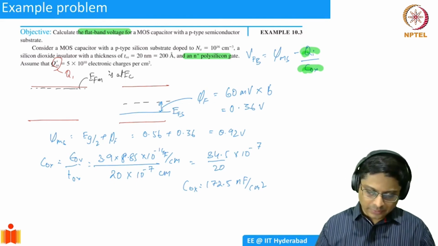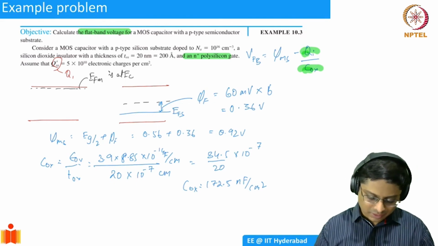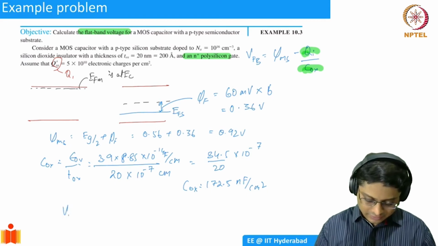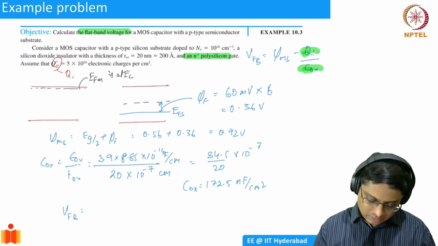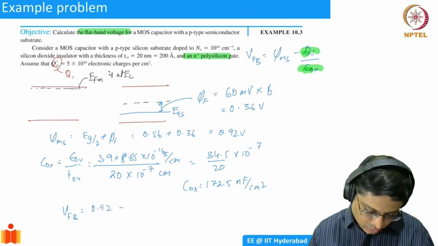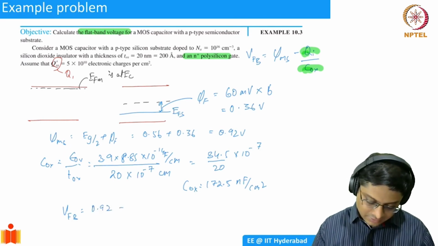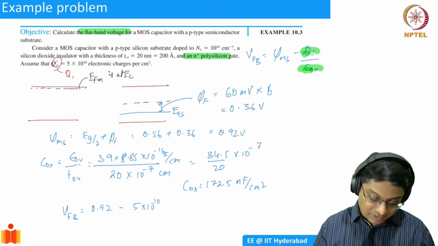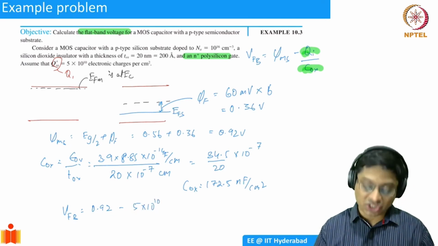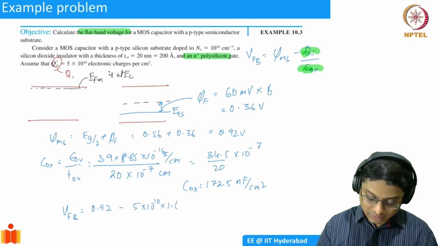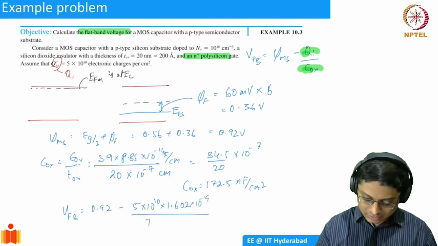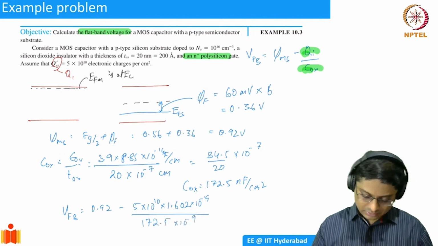Now with this information, you can easily compute VFB. VFB equals phi ms, which was 0.92, minus QI, which was 5 into 10 power 10. Remember, this is the charge density per centimeter square. We need a charge, so this is one important thing you need to remember: multiply by 1.6 into 10 power minus 19, divided by 172.5 into 10 power minus 9.